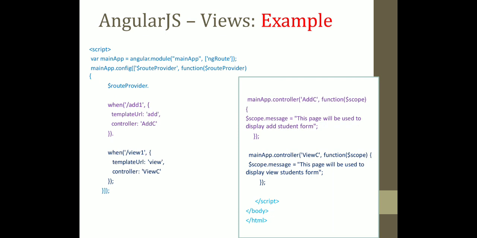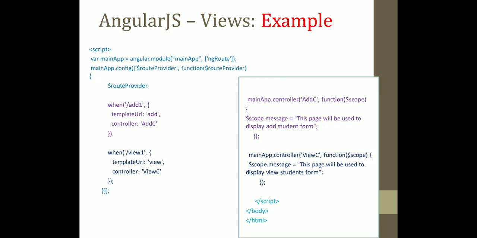Then $scope.message will be, this page will be used to display the add student form, and the same thing will happen with the view controller. Same coding, we just have to replace the addC function with the viewC function. So the viewC controller we have used here, mainApp.controller viewC, and the function is followed by the $scope parameter.